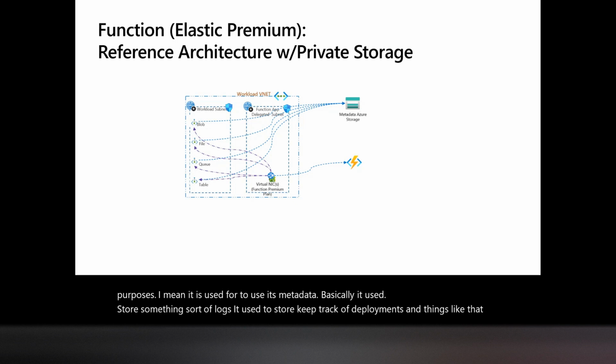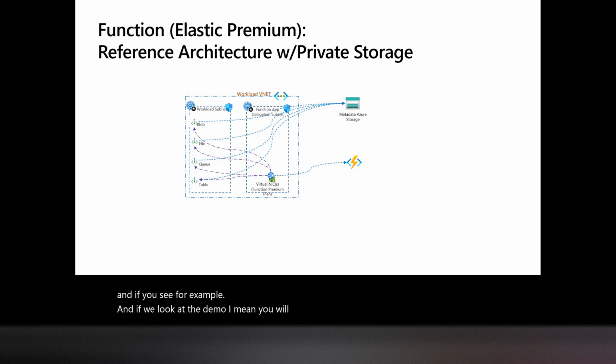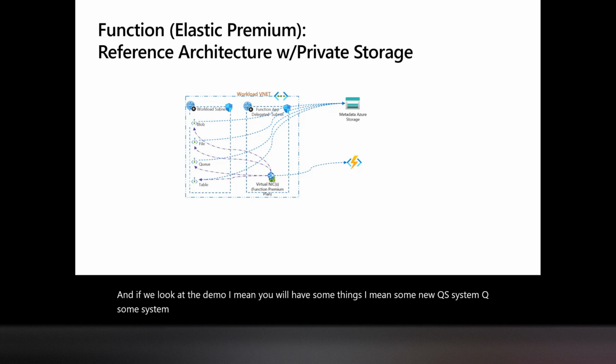So there is a lot of information stored on this storage account. And as we will look at in the demo, you will have some new queues, some system tables, some system blobs, and a system file share.